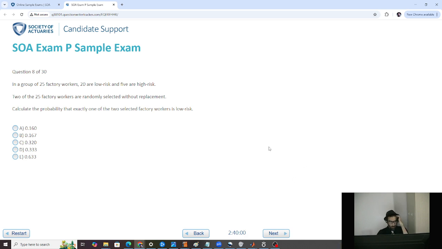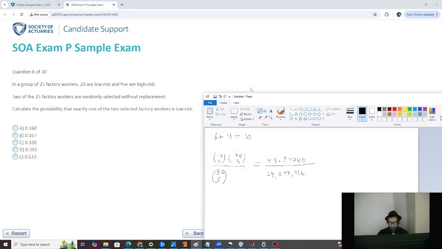All right, in a group of 25 factory workers, 20 are low risk and 5 are high risk. Okay, 2 of the 25 workers are randomly selected without replacement. Calculate the probability that exactly 1 is low risk. Oh, this feels remarkably easy. Right?